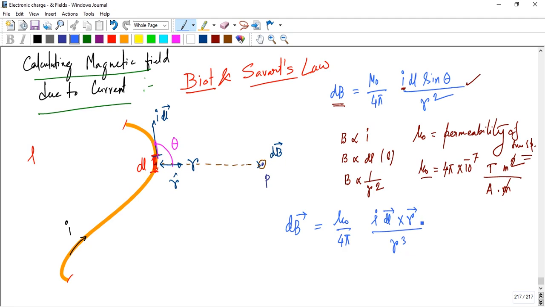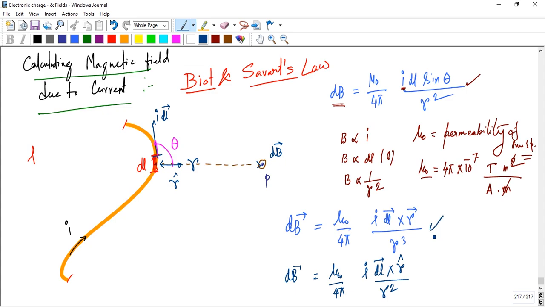Some books reference it this way, and some books represent dB as mu 0 by 4 pi I dl cross r cap unit vector by r square.